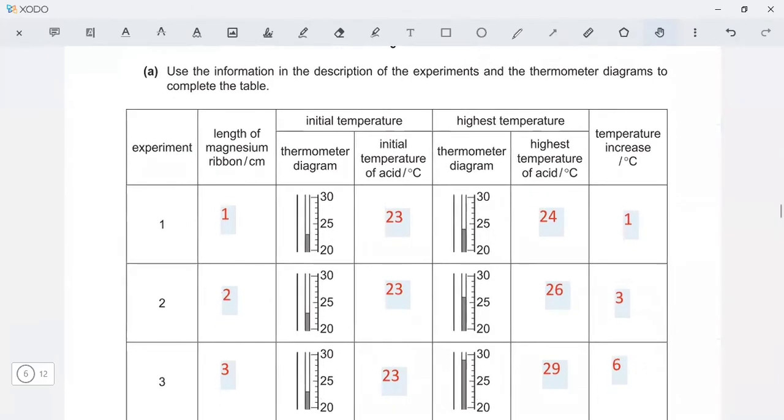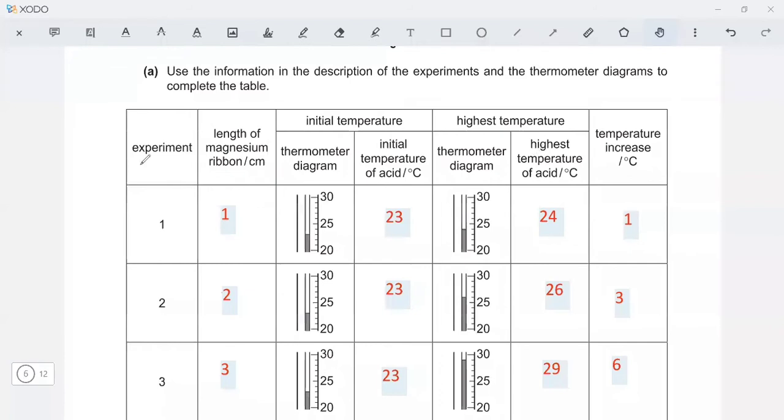A. Use the information in the description of the experiments and the thermometer diagram to complete the table. So you're going to complete the table here. The thermometer diagram is given to you. I have written over here the boxes to be filled with the length, initial temperature, highest temperature, and the amount of temperature increase.